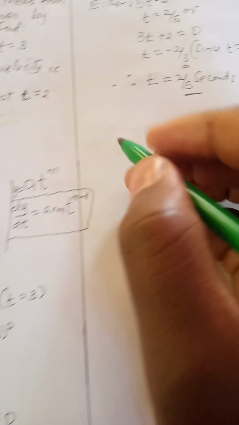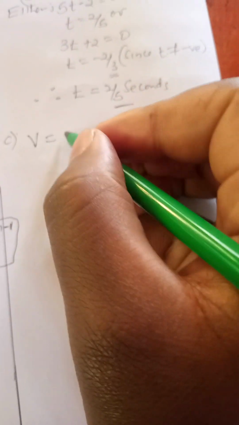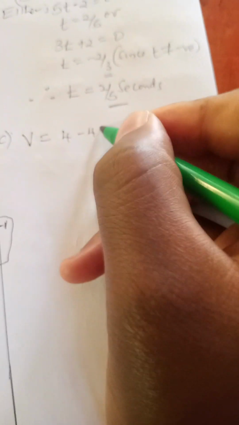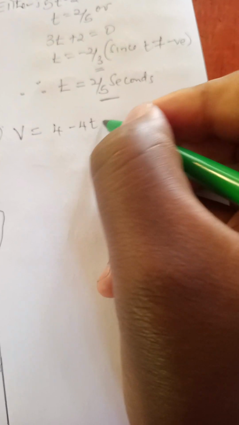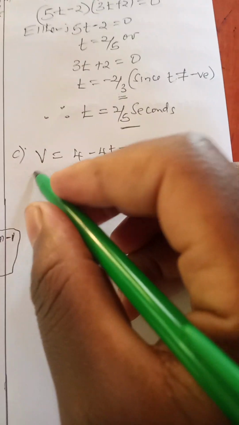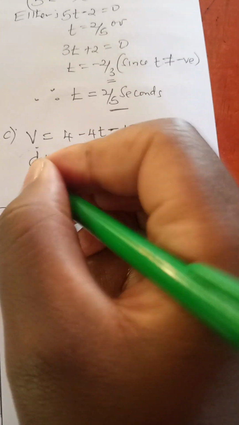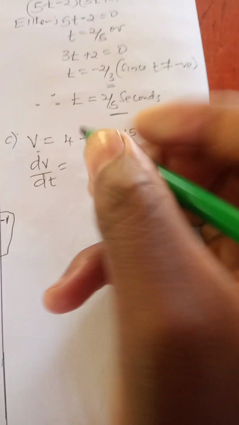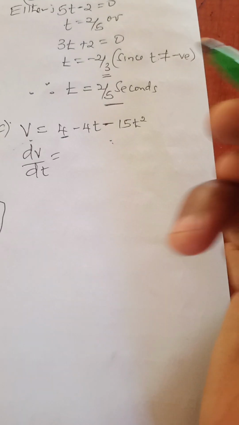So part C, V is equal to 4 minus 4t minus 15t squared. If you differentiate velocity with respect to time, in other words dv over dt, this one will give you a 0.